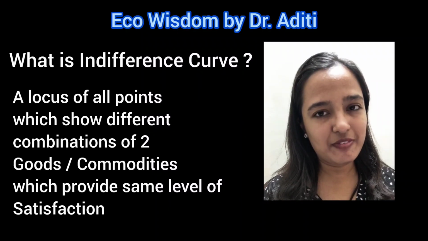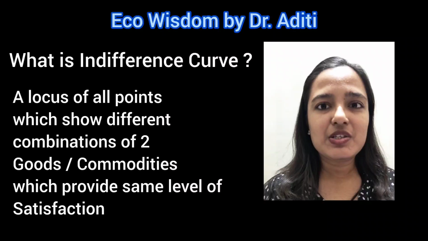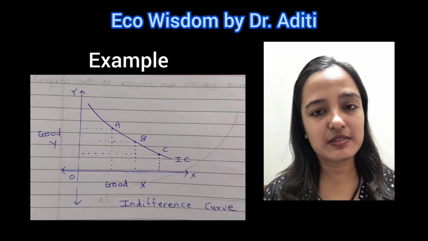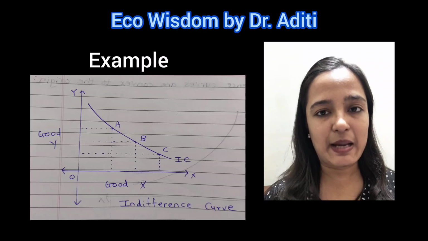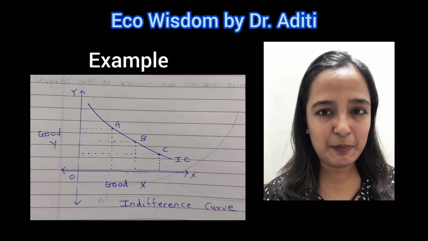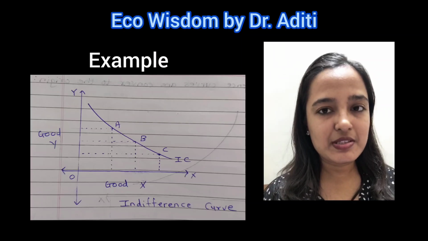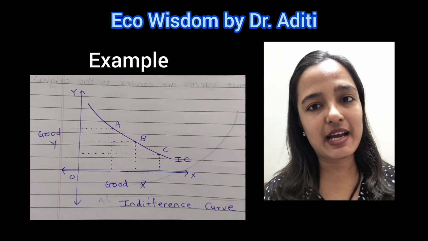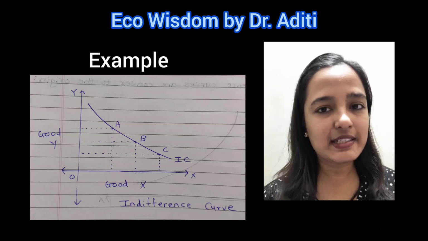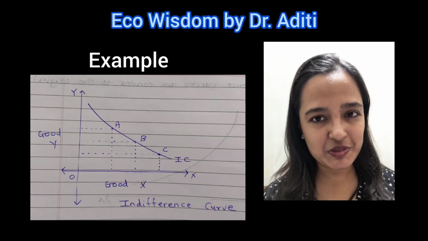I'll give you a very easy example. So understand that there are two fruits. There is banana and there are apples. So on one of the points on a particular indifference curve, suppose there are 2 apples and 4 bananas, and a person or the consumer is getting XYZ level of satisfaction.